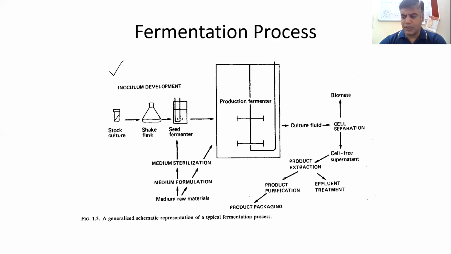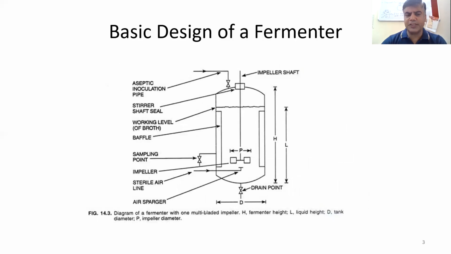So the fermenter should be constructed in such a way that it has provision for several activities like sterilization, temperature control, pH control, foam control, aeration, agitation, sampling point, inoculation point, drainage system, harvesting product, and cleaning.